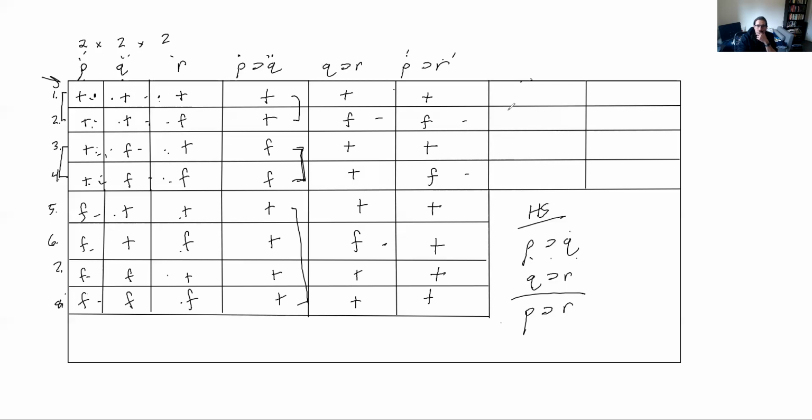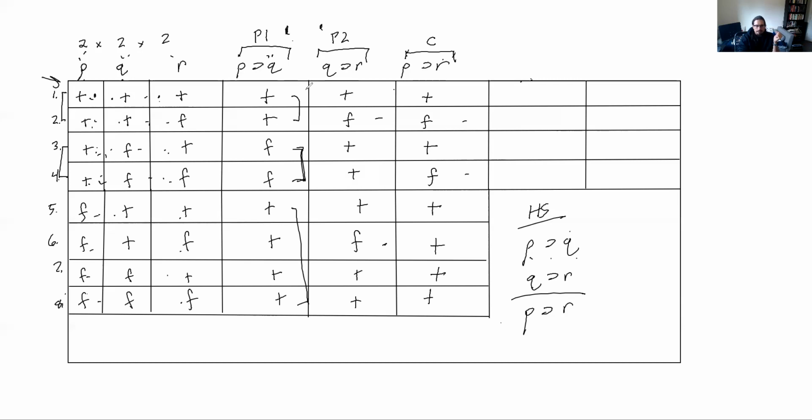Moving on. So just like before, we identify which columns are our premises. So if P then Q, this is premise 1. If Q then R, this is premise 2. And our conclusion, if P then R. And again, we're going to identify all the rows where all the premises are true.